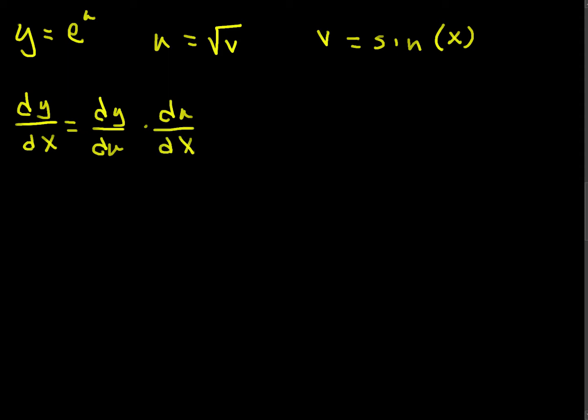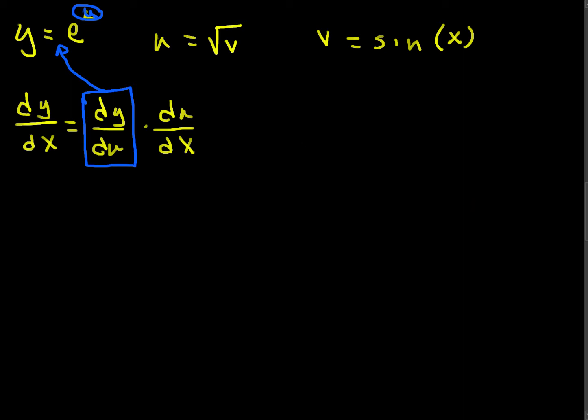Okay, so just really paying attention to notation. This dy du, the derivative of y with respect to u, we're in good form because y is a function of u.